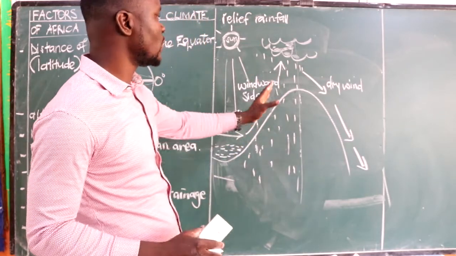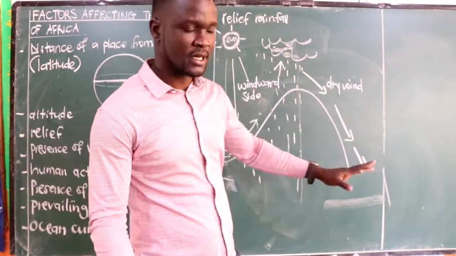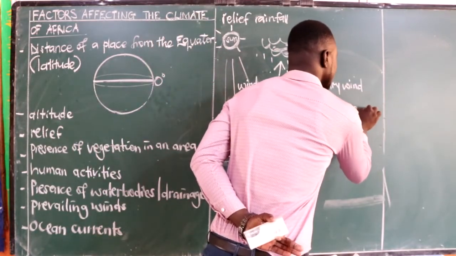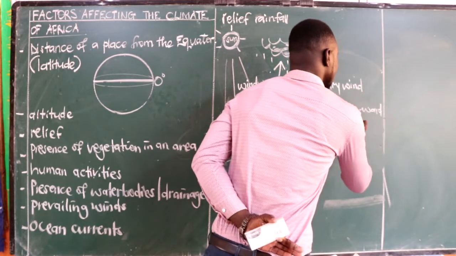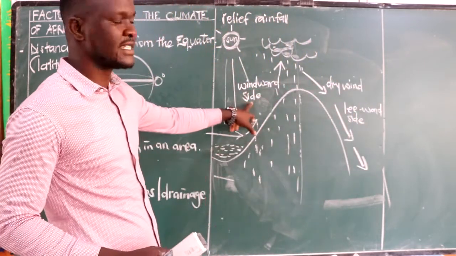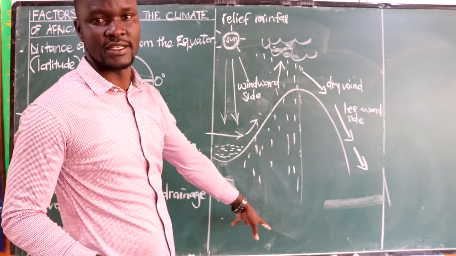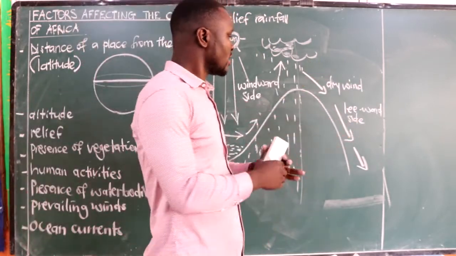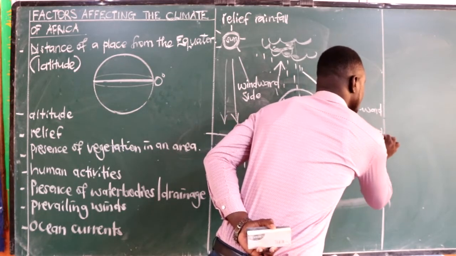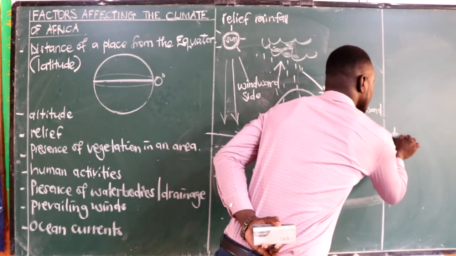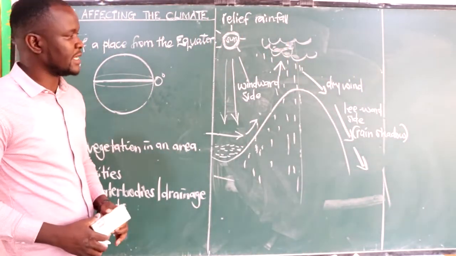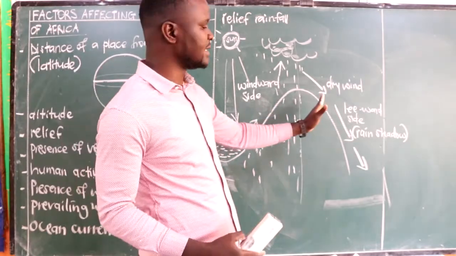Whereas the other side which does not receive rain is given the name the leeward side. The windward side experiences rainfall. The leeward side, which can also be termed as the rain shadow, is just the shadow, but not a rain. So that is what happens here.